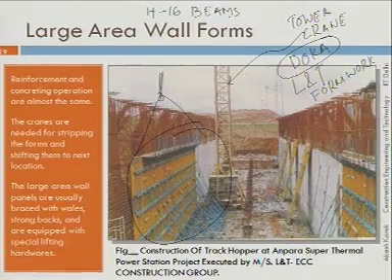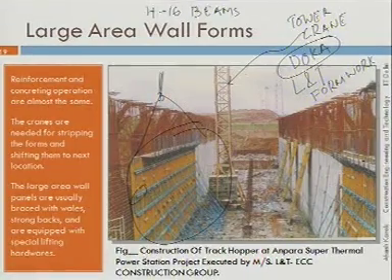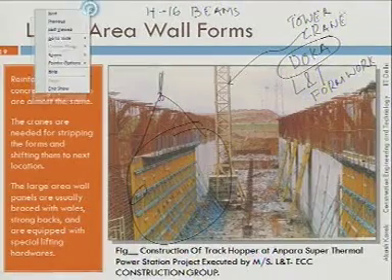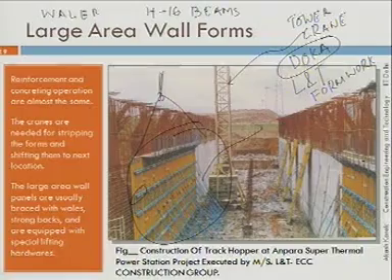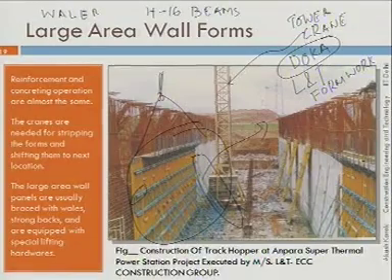These things in yellow, they are H16 beams. Then what you see here, they are your whalers. And they are alignment props. Here you can see these are your alignment props. Okay.